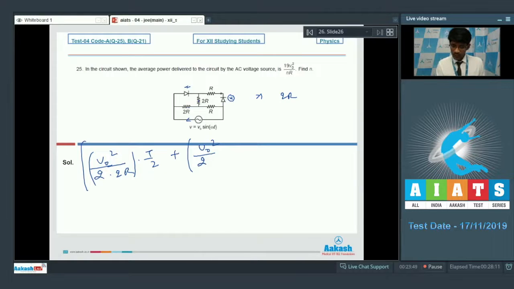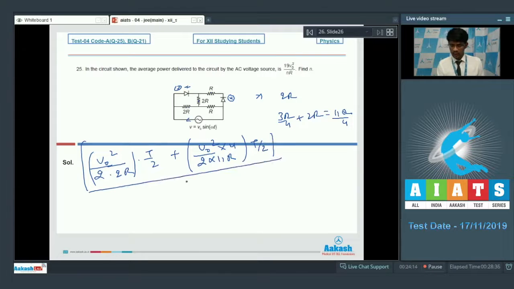This time this will be the functioning diode and this will behave like open circuit. So here it is R in series with R, that is 3R, in parallel with R, that is 3R by 4, and plus 2R, it is coming out to be 11R by 4. So it is V0 square by 2 divided by 11R by 4, into T by 2. Yet again this is for one half cycle.